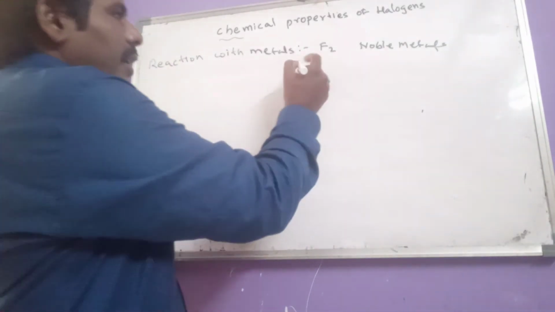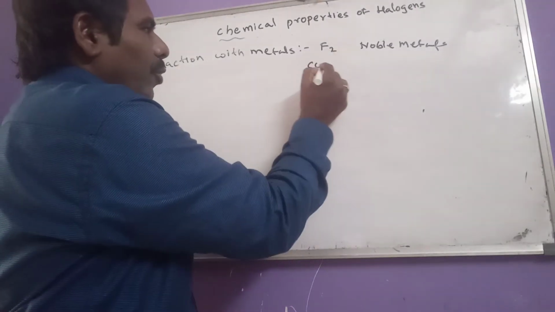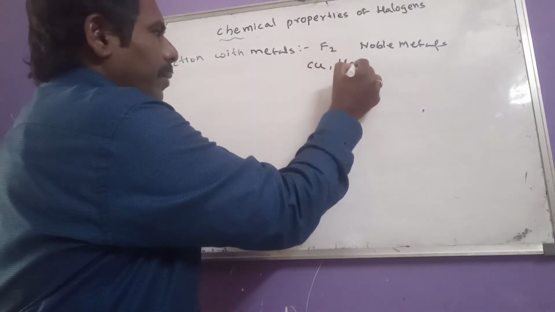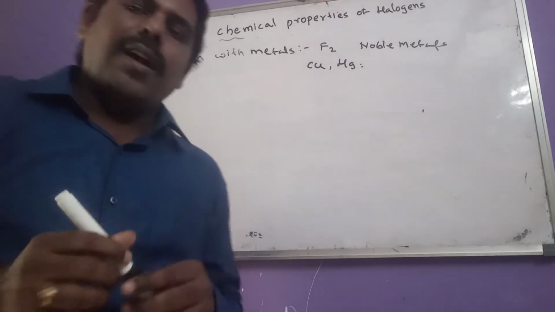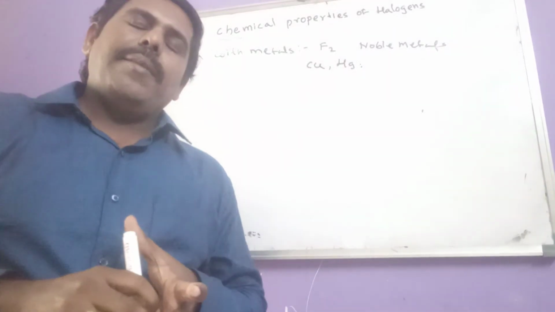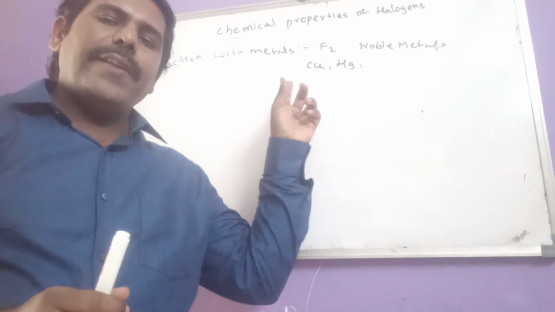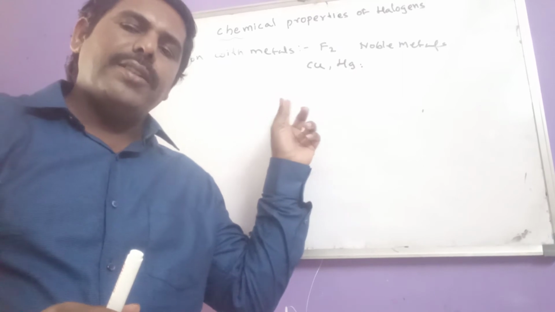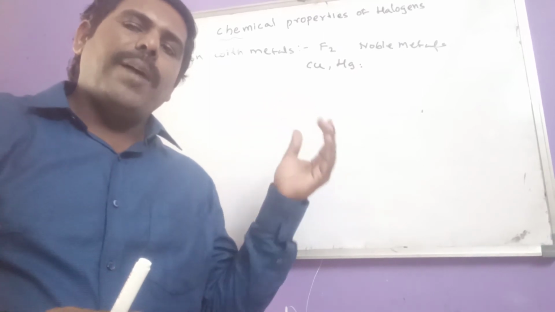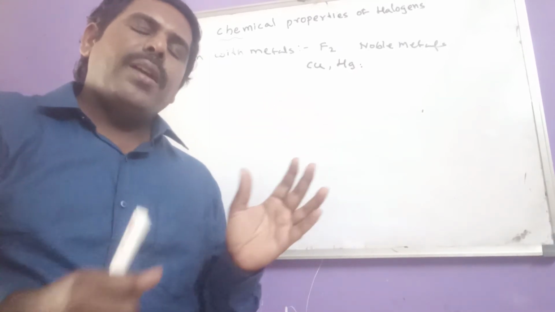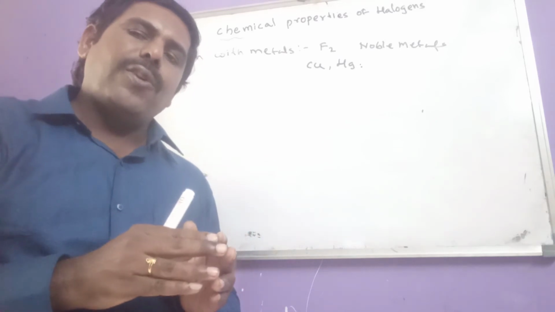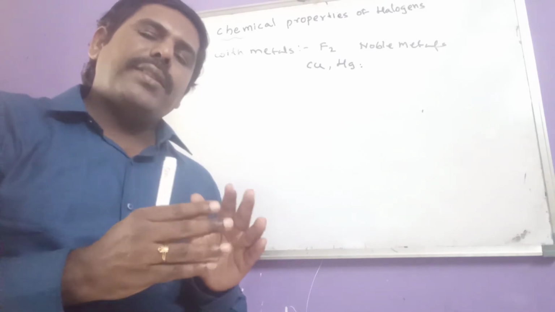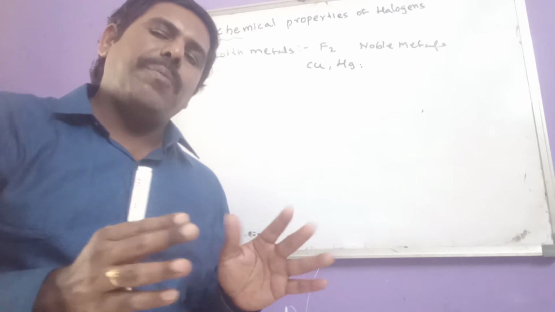But the reaction of fluorine with copper and mercury is not much possible, because initially fluorine reacts with these two metals and forms a fluoride layer. Due to the formation of the fluoride layer, further reaction is stopped.